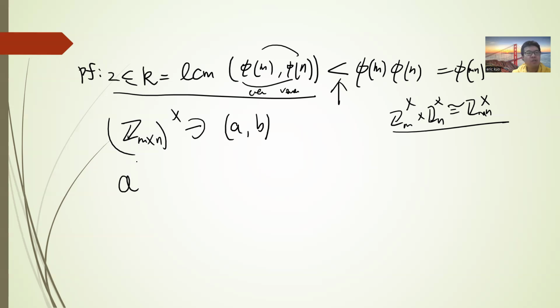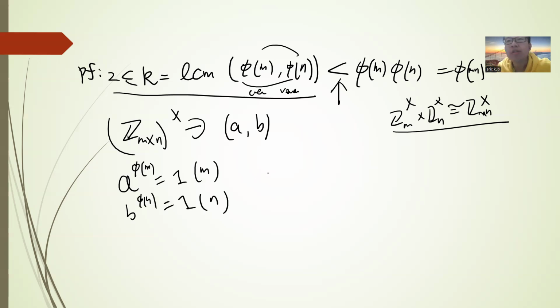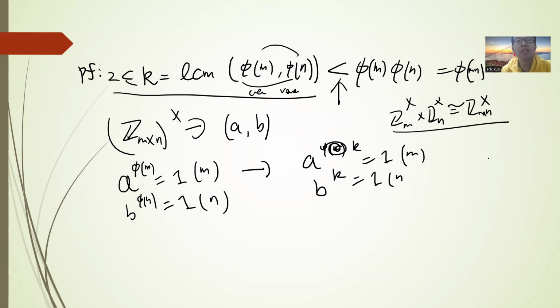Euler's theorem tells me that A to the phi(M) is 1 mod M, and B to the phi(N) is 1 mod N. If I take A to the K, it is 1 mod M, because K is a multiple of phi(M) and phi(N), and B to the K is 1 mod N. So that means K is a multiple of the order.